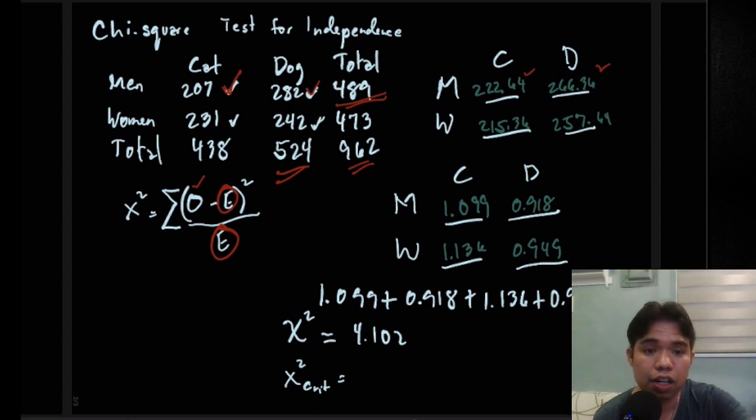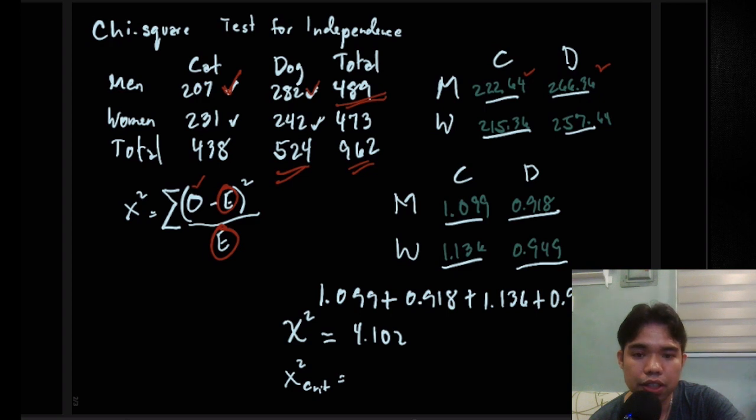So how will you know the critical value? We're going to use the chi-square table. I think I haven't prepared it yet. Wait.